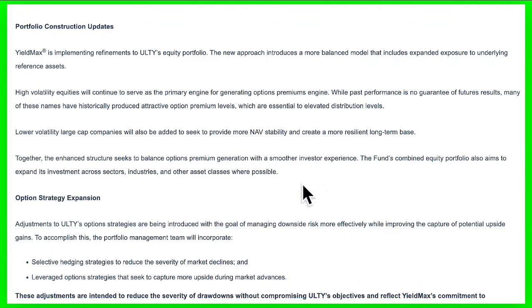On top of that, they are going to add a bunch of industries, because they focused on only certain sectors, but now they're going to expand it to different sectors, industries, and other asset classes. So YieldMax is doing all of this to try to balance ULTY and make sure it doesn't have that NAV erosion. So hopefully this will work.